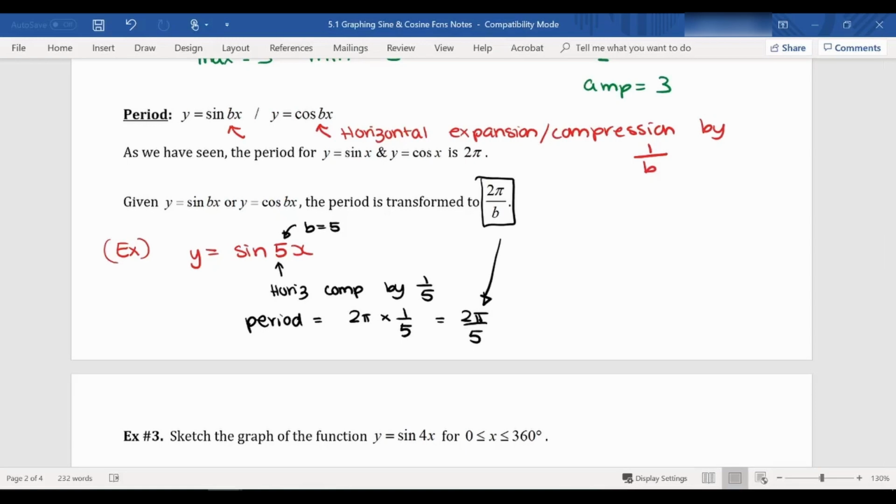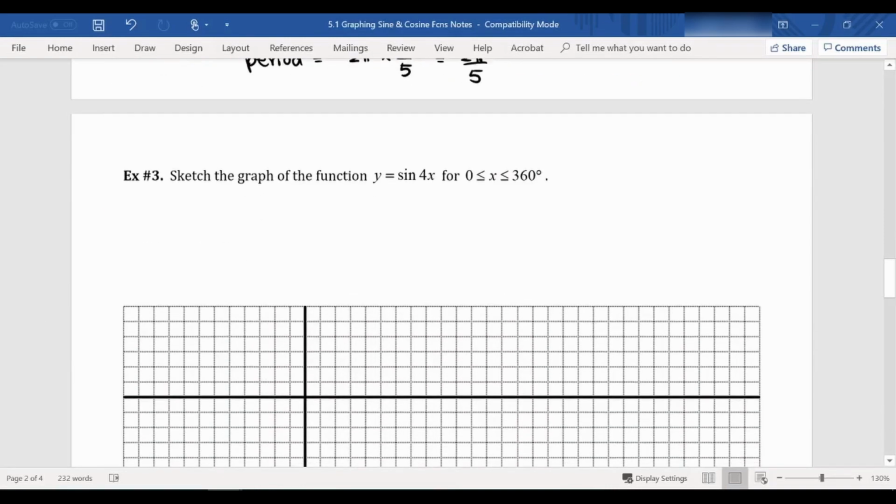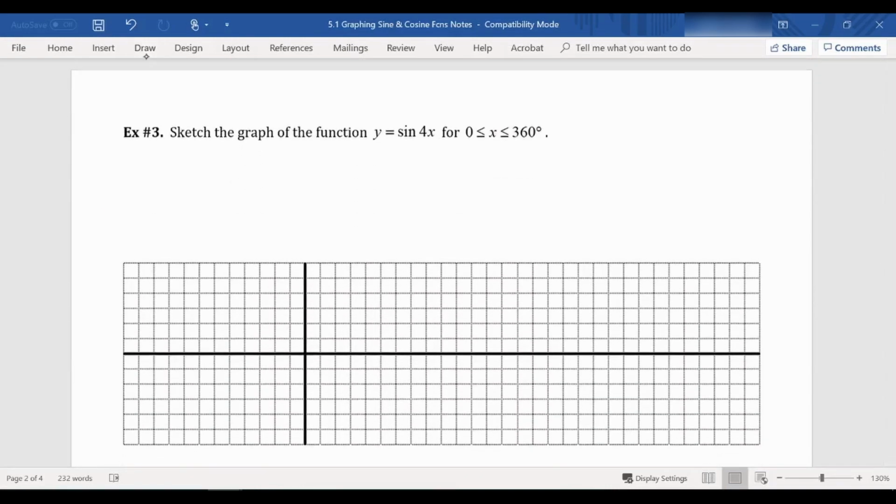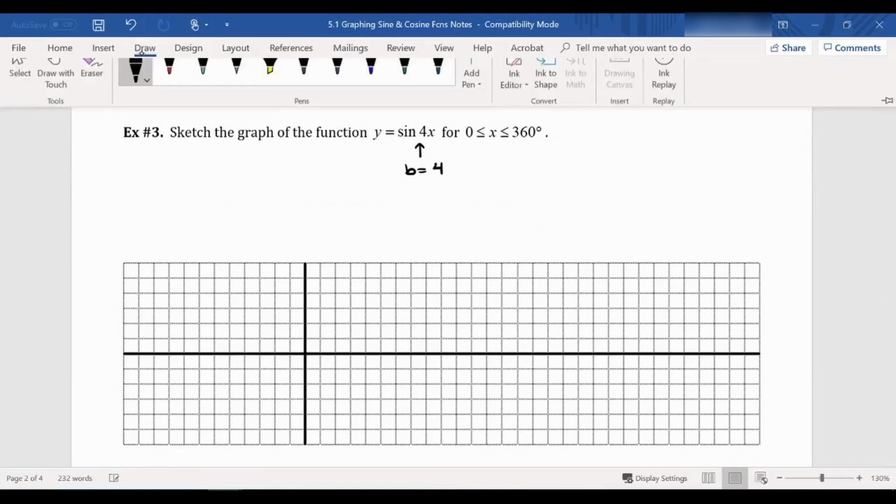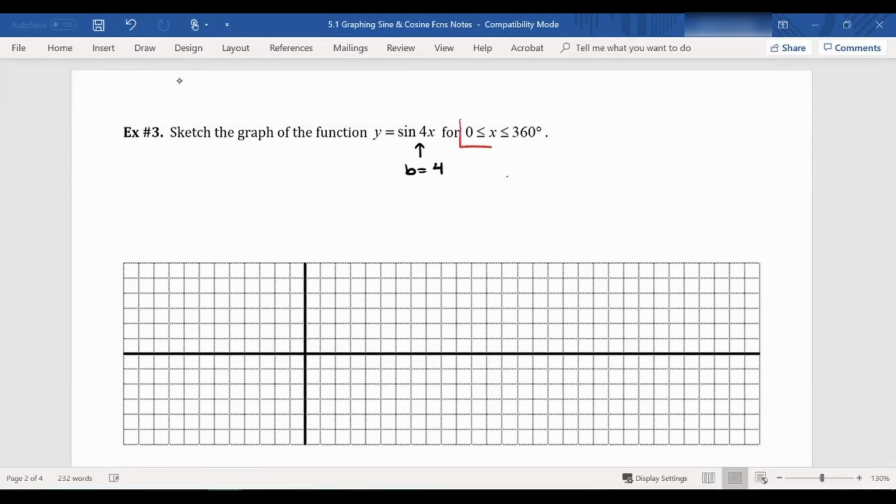So we're going to try one. Okay. And notice that we've got a b value here. My b value is 4. And we need to pay special attention that this time we're not going in terms of pi, we're going in terms of degrees.